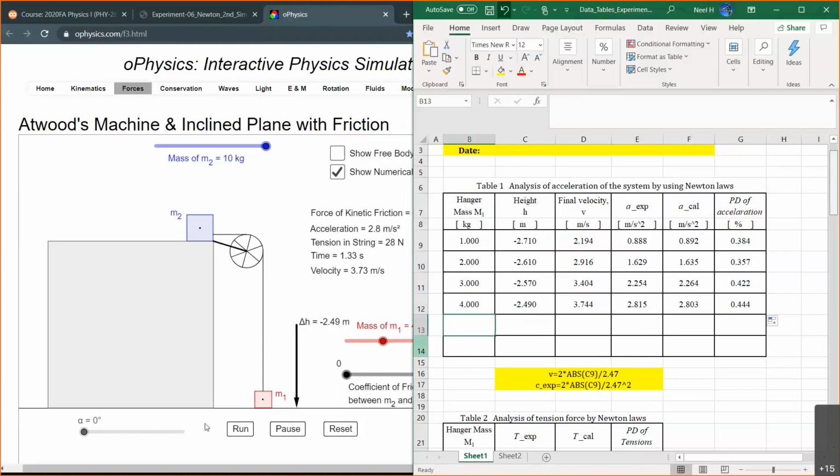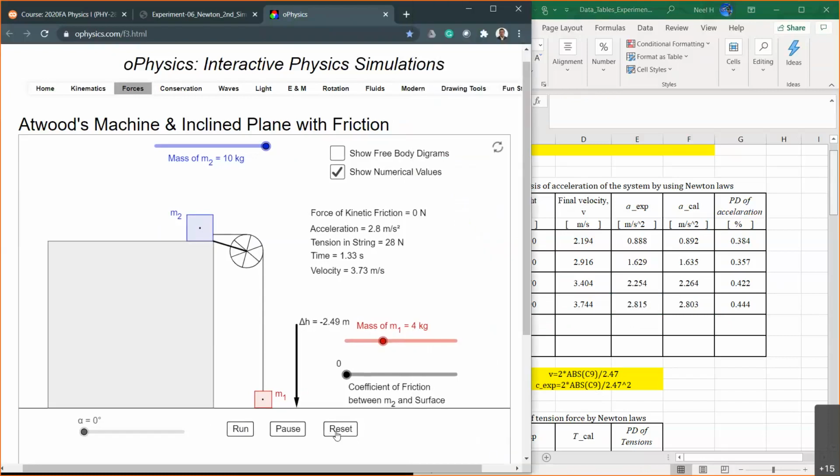And let's take a couple more data points because later I'd like to make a graph. Reset it.